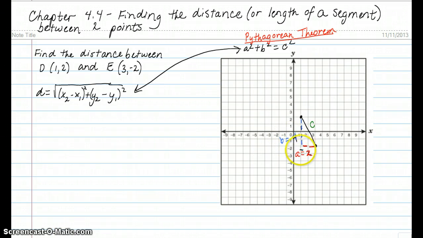Now, it is A squared, so we're going to put a square off of that, which is 4. And then B squared will be 16 because it's 4 by 4. So there's 1, 2, 3, 4 by 4, and that's going to be 16. And this is 4.